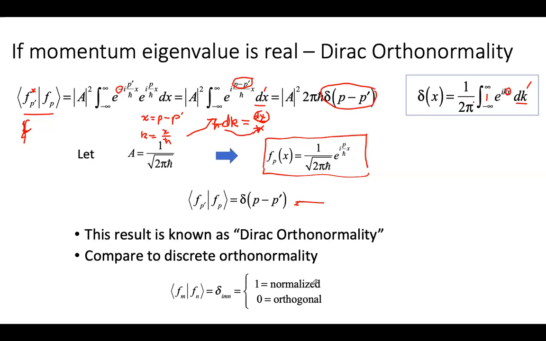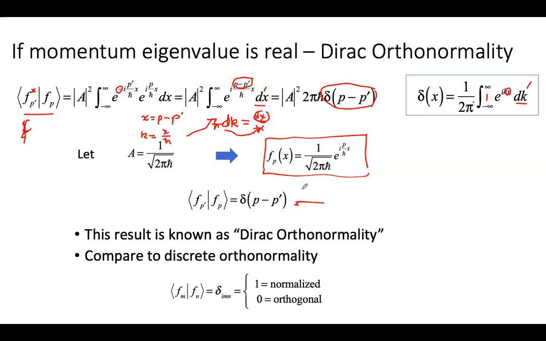Compared to discrete, where we said the inner product of two different states was the Kronecker delta, now we're talking about the inner product of two states as being the Dirac delta function, a continuous thing versus a discrete thing. And you can see the work Dirac did in both areas in order to get the two functions named after himself. Any questions on that?